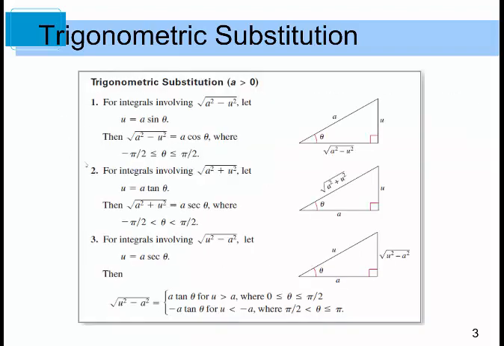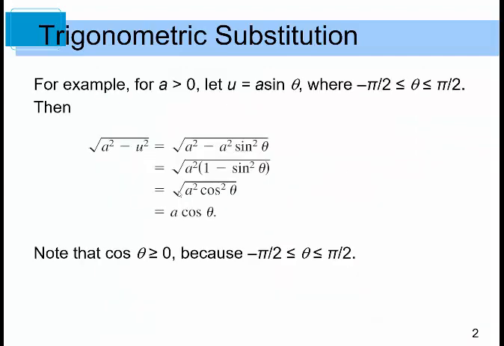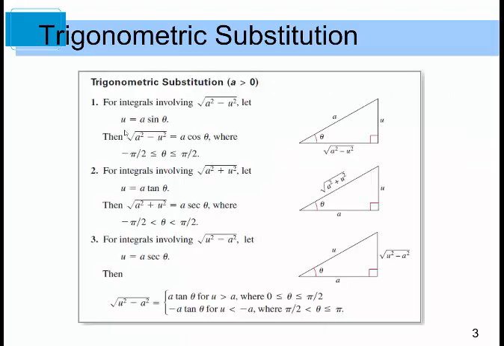This is the most important page for today. As we saw, u was a sine of theta, which means the square root of a squared minus u squared is a cosine of theta. So for integrals involving the square root of a squared minus u squared, we let u equal a sine of theta.